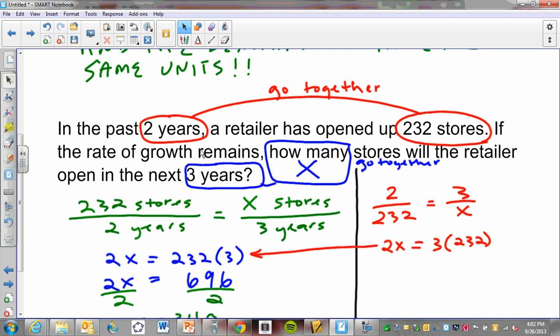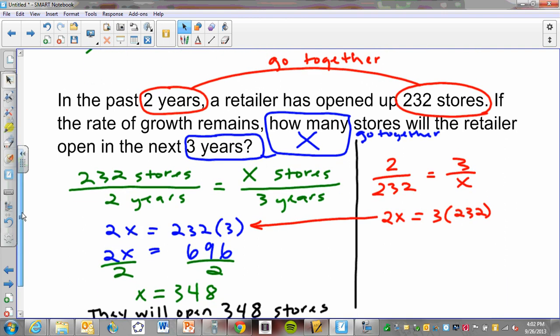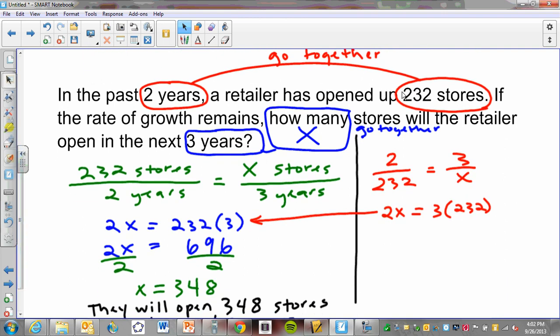If the rate of growth remains, comma, how many is our variable, how many stores will the retailer open in the next 3 years? So when we set it up, remember 232 and 2 goes together. 232 stores over 2 years equals how many stores we want to know over 3 years.